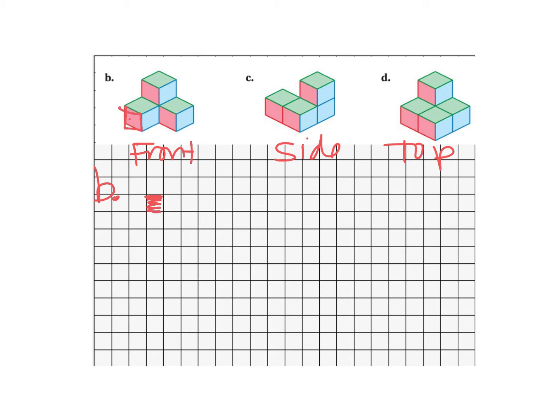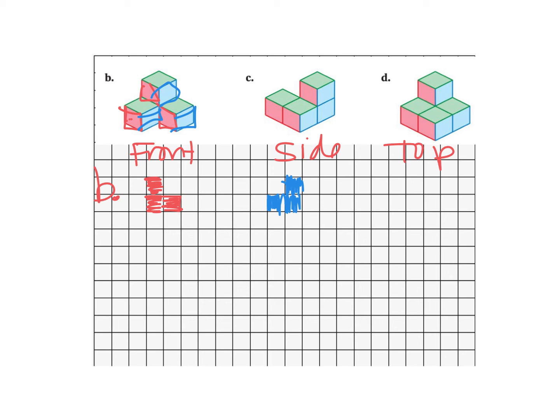I'll highlight that one, and then 1 right next to it. And then this one is right above the other one. So it's going to look like this if you were standing right in front of that shape. Now, if you were looking at the side, the blue ones, we would have 1 right here. We would have 1 right next to it. And then we would have 1 above that one. So it would look like that.